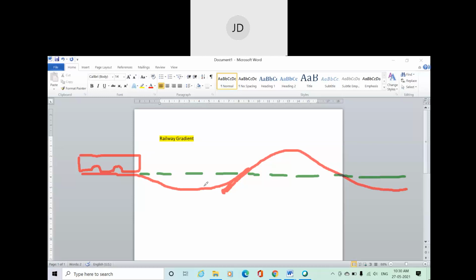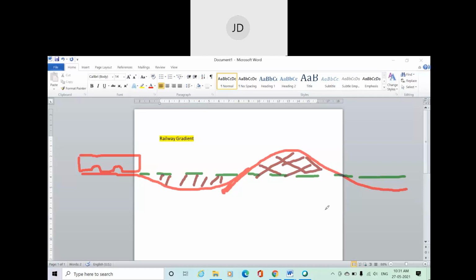But to provide this straight path, first of all you need to fill up this soil, because you can see there is a depression. And you need to cut this soil from this part. We don't need this.